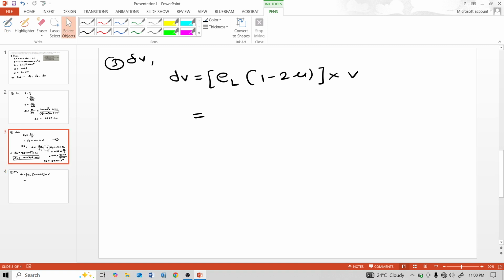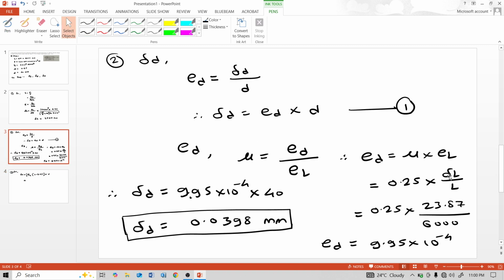Strain in longitudinal direction is change in length upon original length, 23.87 upon 6000.